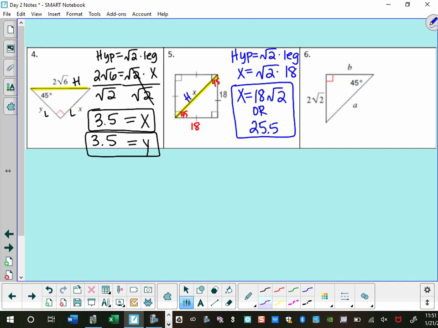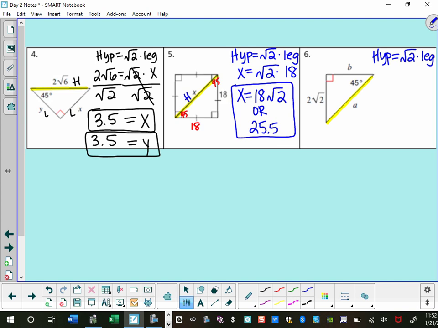All right, let's look at number 6. Chris, stay with me, please. So I have hypotenuse equal to root 2 times the leg. Danny, what's my hypotenuse here?